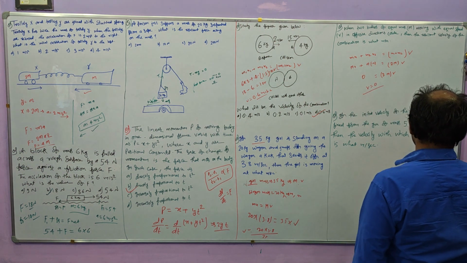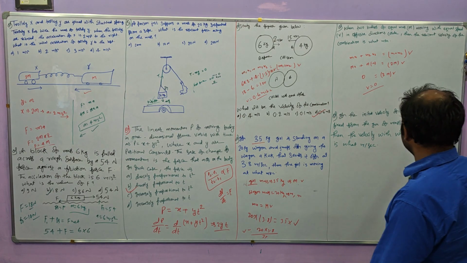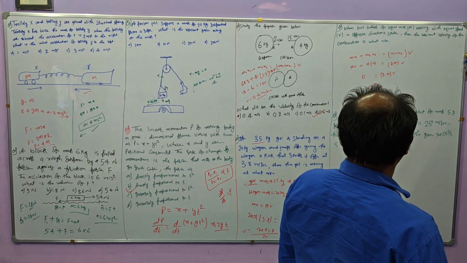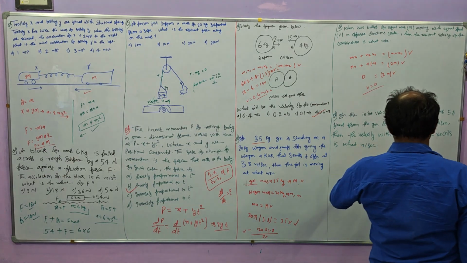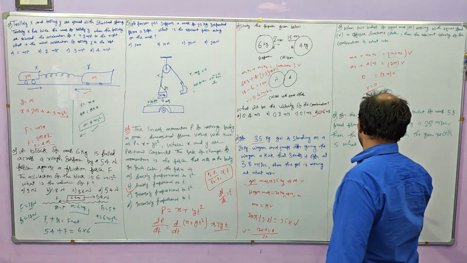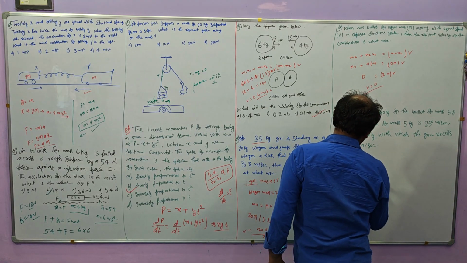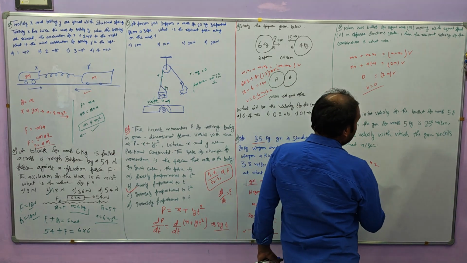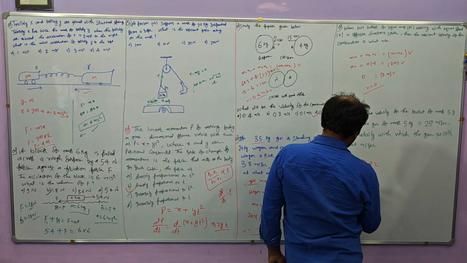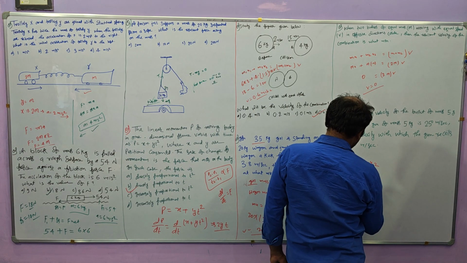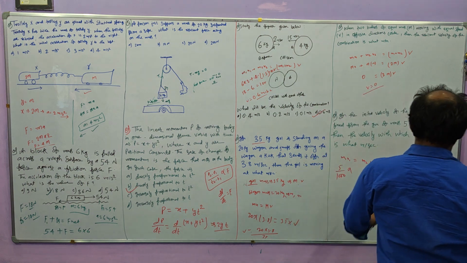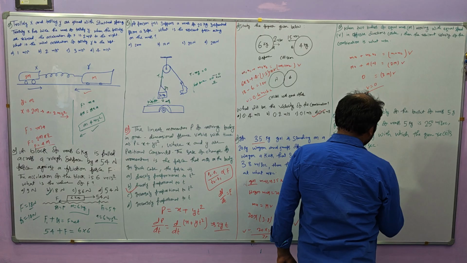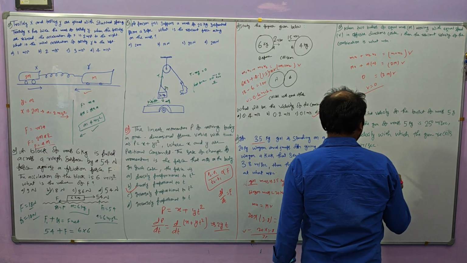If the initial velocity of a bullet of mass 5 gram fired from a gun of mass 5 kg is 250 meter per second, then what is the recoil velocity of the gun in meter per second? We know m1 u1 is equal to m2 u2, where m1 is the mass of the bullet, so 5 upon 1000 into speed 250 meter per second. m2 is the mass of the gun and u2 is the speed the gun requires.